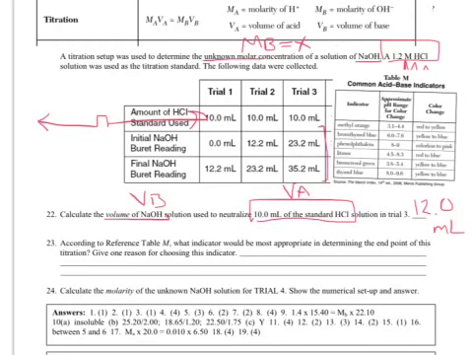So there are actually a couple of indicators on reference table M that would be good for this purpose. We see that bromothymol blue is a fairly good choice here because 7 is in between its range of color changing. Litmus is also a good choice for this purpose. Now, the reason that I would give for this is that it shows a different color before neutralization as compared to after neutralization.